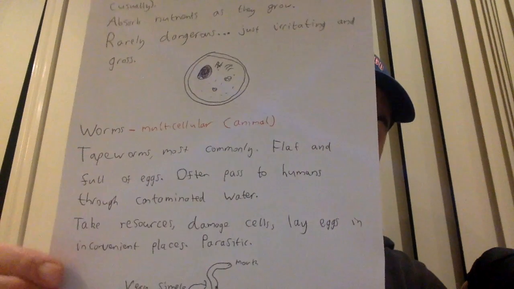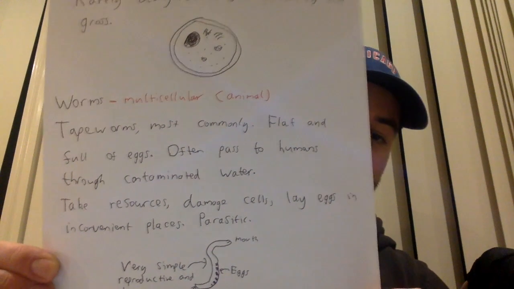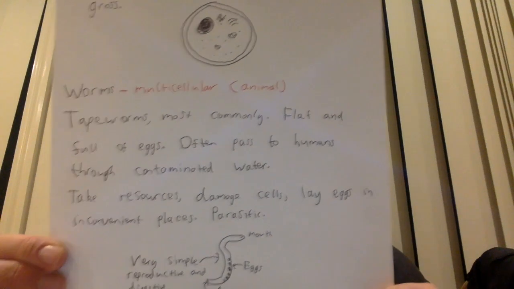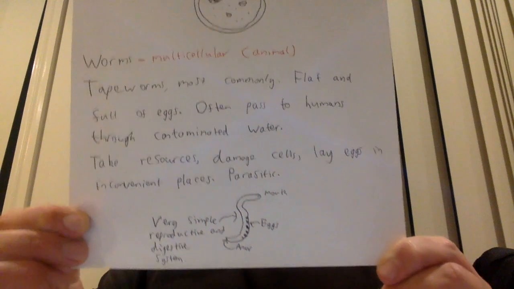And these cause disease by taking resources from the body and also by damaging tissues where they're growing, and also by laying their eggs in the body and basically clogging up parts of them, especially tapeworms in the intestine. If they lay eggs in your intestines, many of them will end up getting excreted from you, but a lot of them just sort of stay there and take up space. And yeah, again, worms, pretty disgusting.